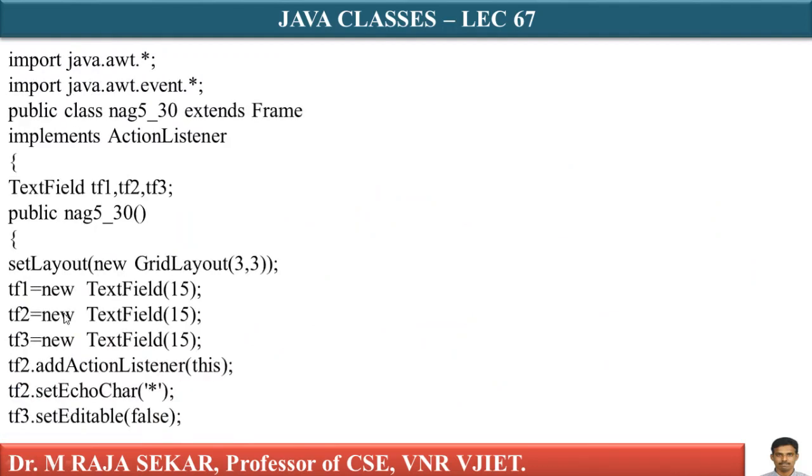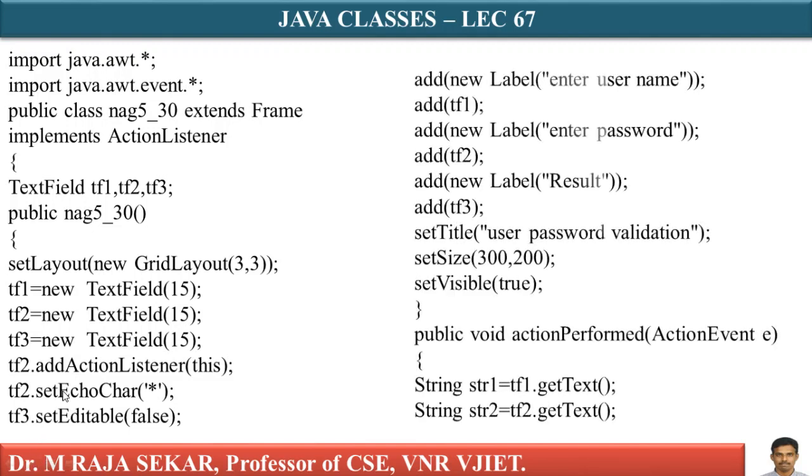Just see, import java.awt.*, import java.awt.event.*. Anyway, how they are useful, we will try to understand. This is my class name, nag5_30. This is subclass, extends, superclass. Means I will keep all these things on a frame.